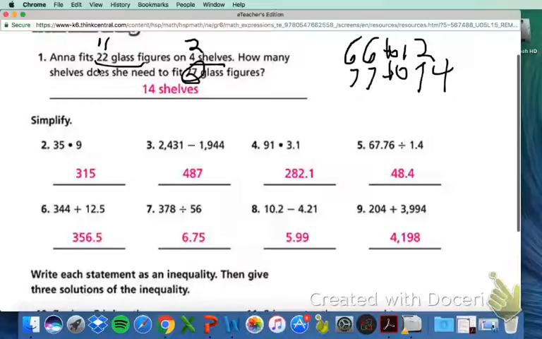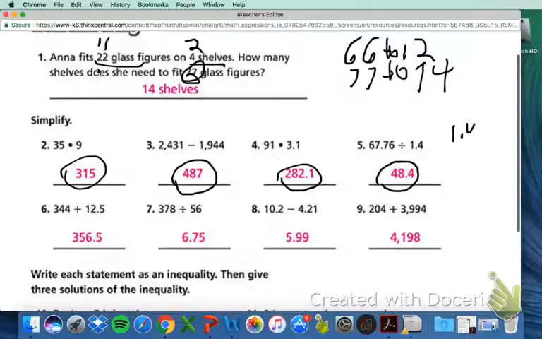Okay. It says simplify. This is just really straight up multiplication. Here we're subtracting decimals, subtracting multi-digit numbers. Here we're multiplying decimals. Here we're dividing by a decimal. The trick to remember there is generally you take the decimal divisor, you make it a regular divisor, and then just adjust what you're dividing into accordingly.